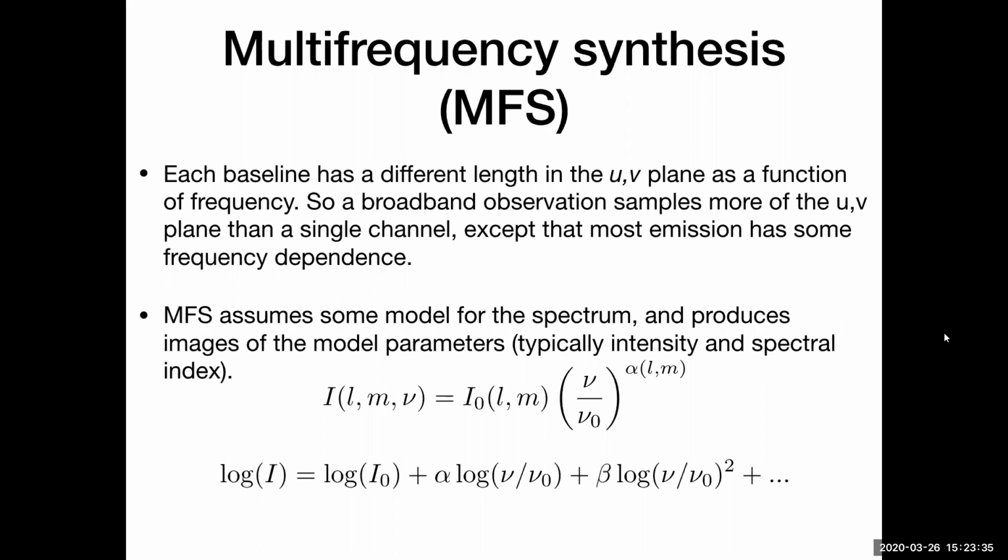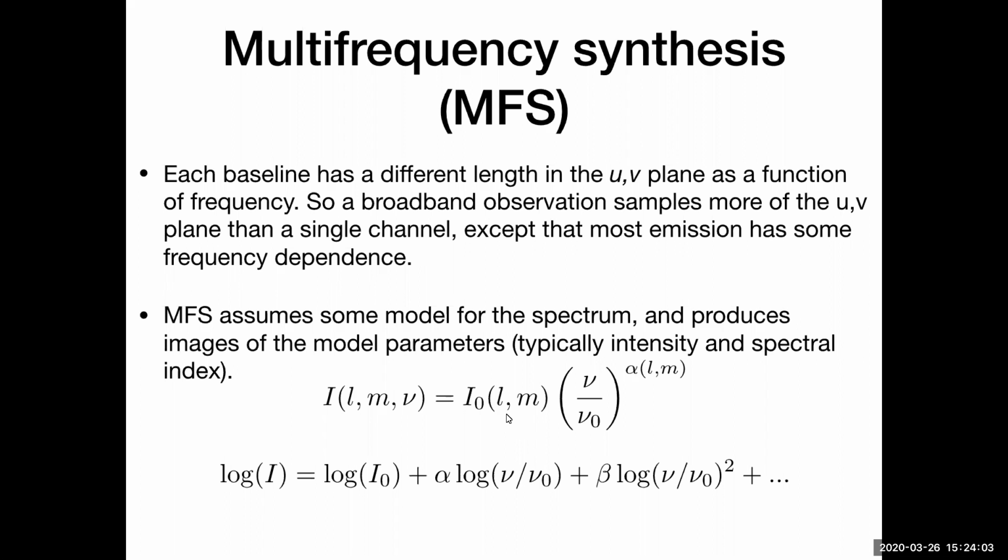The typical form is you assume that most of the emission in an image is going to follow some kind of power law with some intensity at the reference frequency and some spectral index. And both of these change as a function of which pixel you are in the image. So different sources can have different spectral indices and different brightnesses.